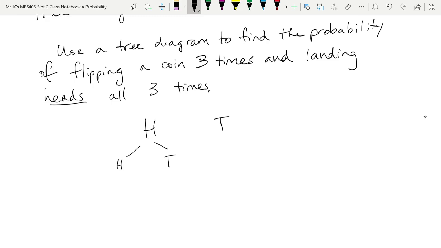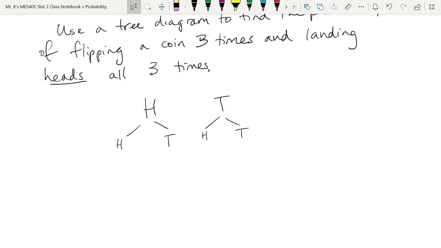After I flip tails for the first time, I could get heads the second time, or tails the second time. After my second flip, I need to do a third flip. So after the second flip was heads, I could get heads again or tails. After the second flip was tails, I could get heads or tails. Heads or tails. Heads or tails.